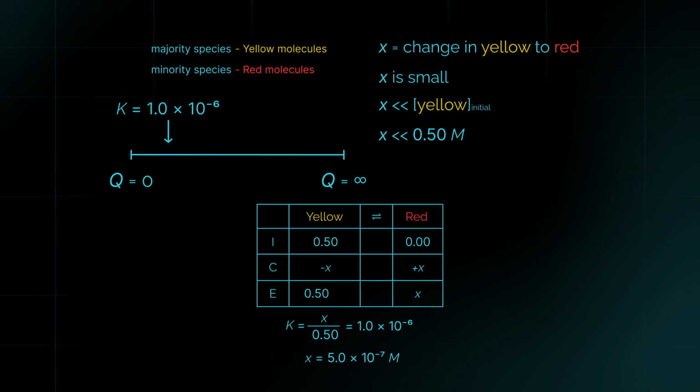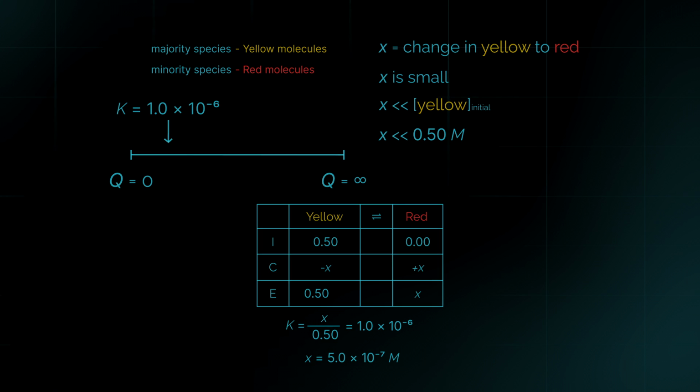Now that we know X, we can find the equilibrium concentrations from the bottom row of the ICE table. At equilibrium, the concentration of yellow is 0.5 molar, and the concentration of red is 5.0 times 10 to the power of -7 molar. That was a good approach, but there's another way to look at it, one that might feel more intuitive.